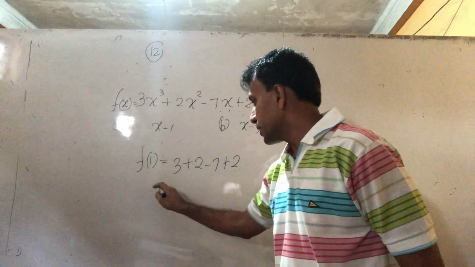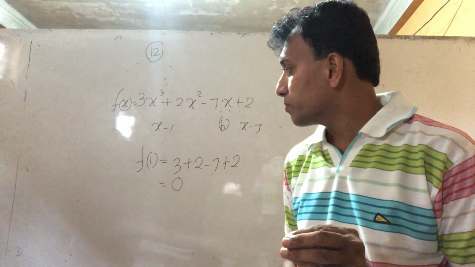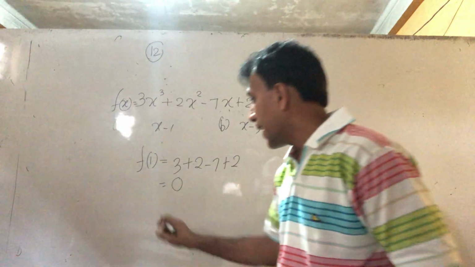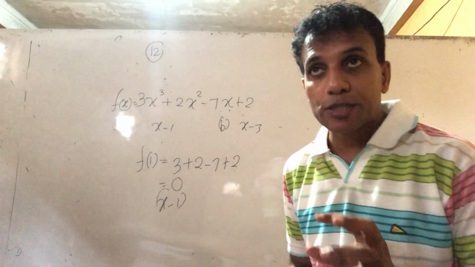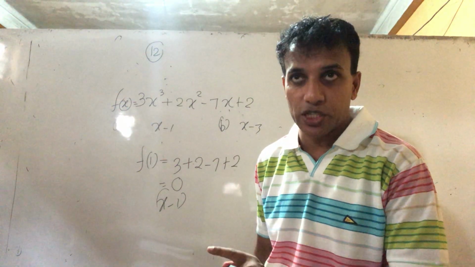So what is the answer here? 0. In the function, f of 1 becomes 0. Therefore, x minus 1 is a factor of f of x, the given function.